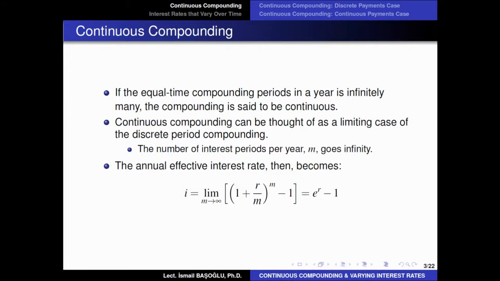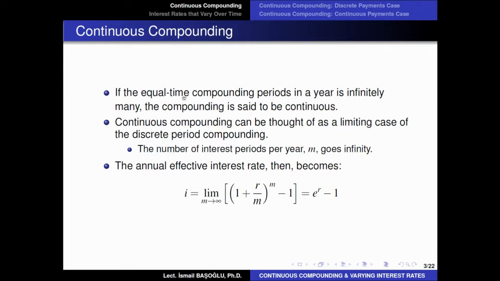If we assume daily compounding, in that case, the number of compounding occurring in a year will be 365. Now, you can indefinitely make this compounding period smaller. In that case, you are just going to get continuous compounding. So instead of discrete time periods, you are going to have continuous compounding occurring throughout a year.